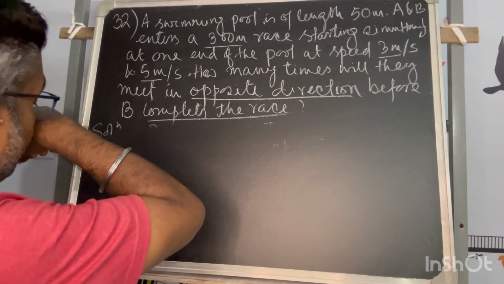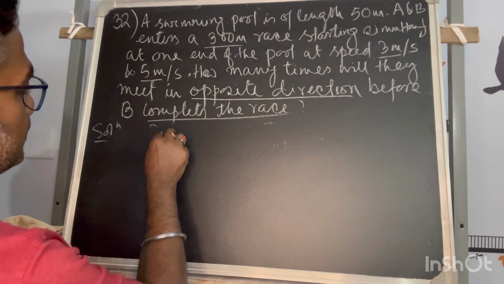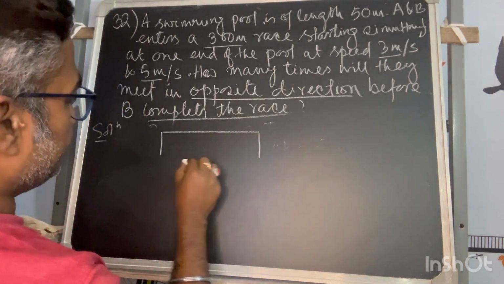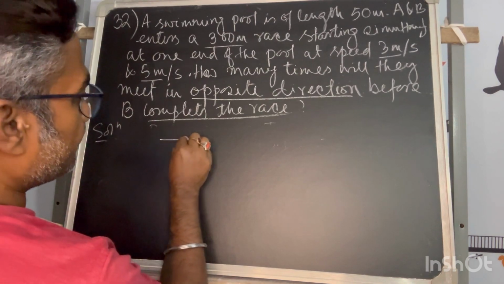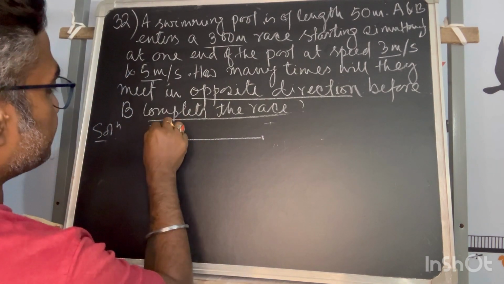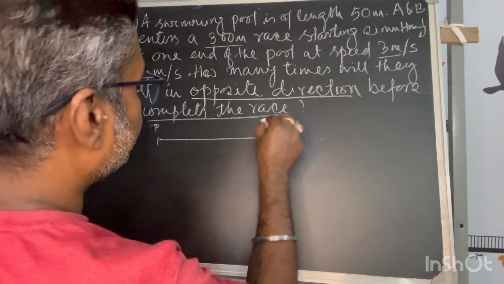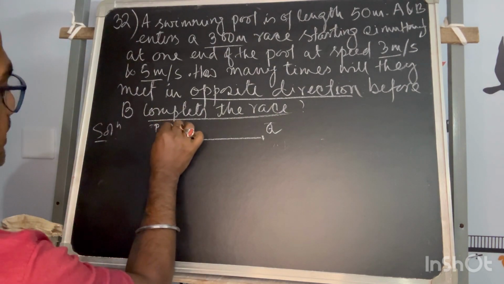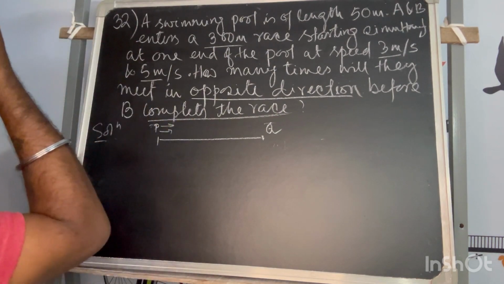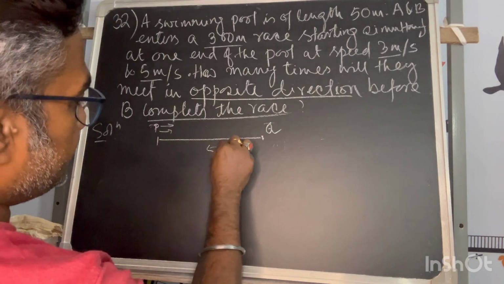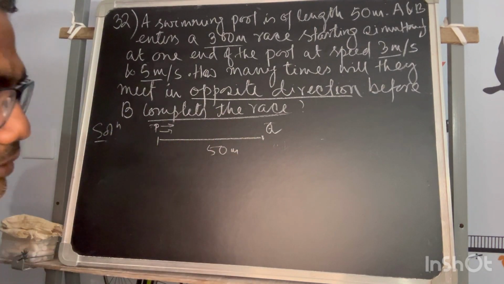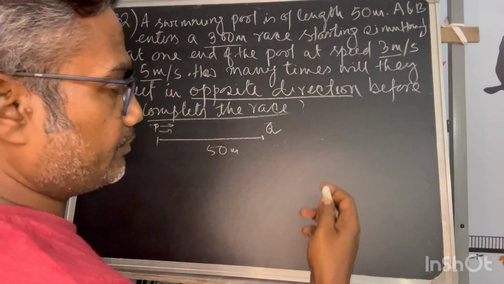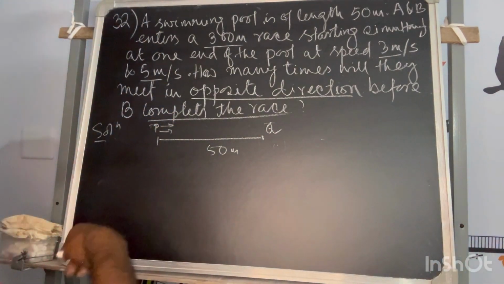How? This I am writing again, means I will not write the distance is P to Q, and A and B are moving in the same direction. Okay, now this lap of 50 meter, so whenever they meet, there is a chance of meeting in the same direction and opposite direction.